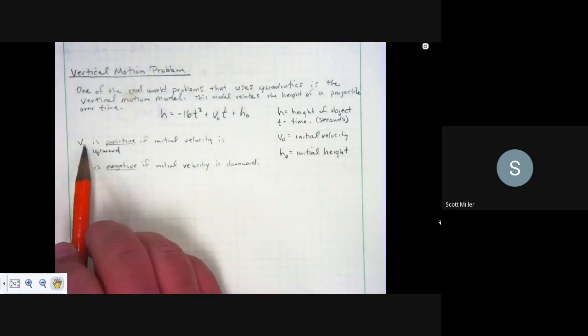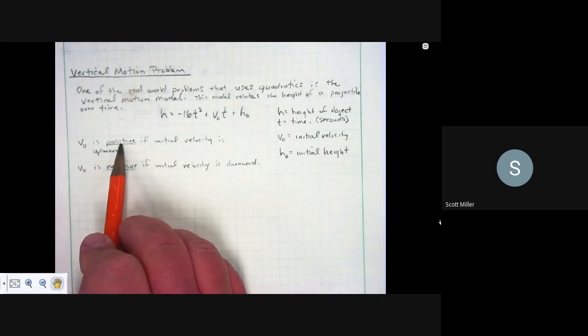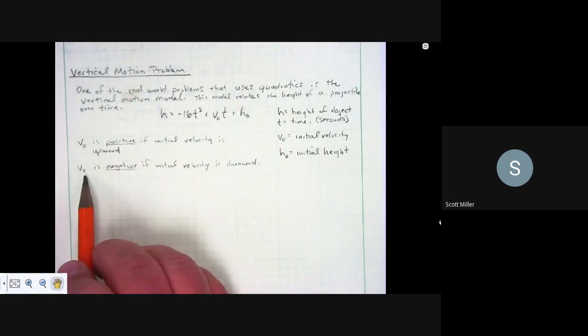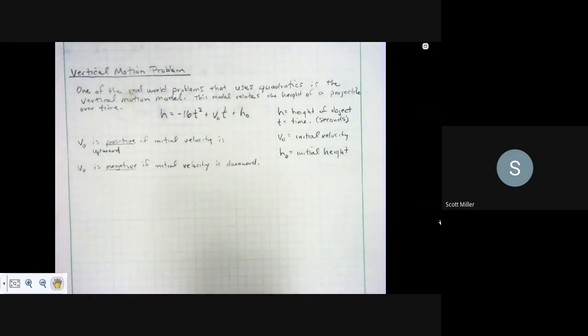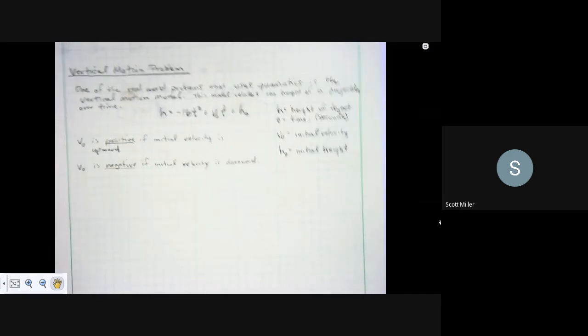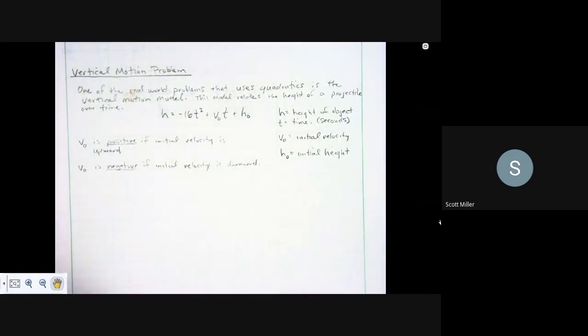If the object is being propelled upwards, then V sub 0 will be positive. And if it's being thrown downward, then V sub 0 will be negative. That means you have a negative velocity.